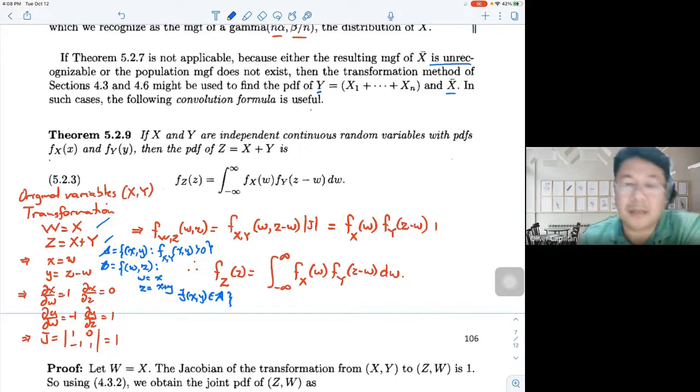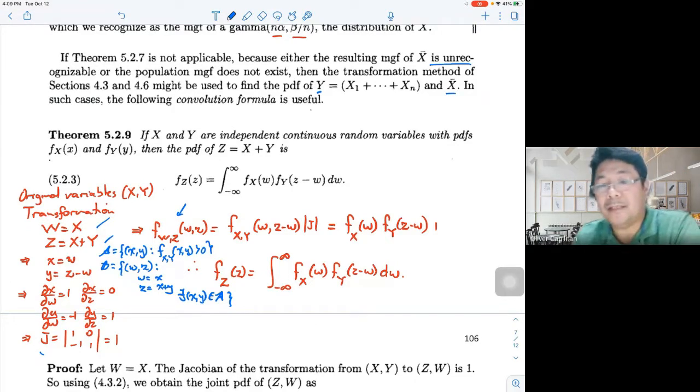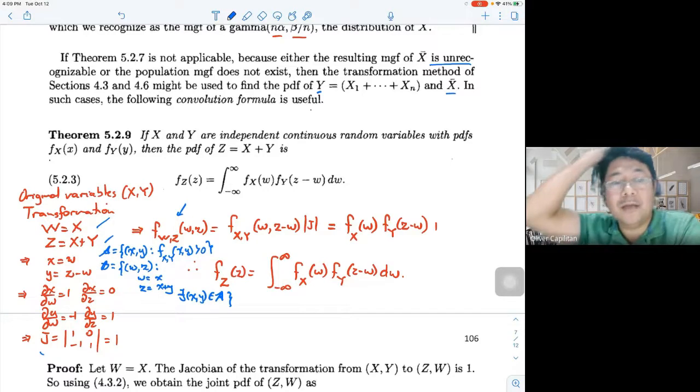We get the partial derivatives of this, the partial derivative of x with respect to W, partial derivative of x with respect to Z, partial derivative of y with respect to W, then we have that. And then we have here the Jacobian of our transformation. So kung yun itong Jacobian ng transformation natin ngayon, then we can now obtain the joint PDF of W and Z. That will be based on the joint PDF of X and Y. Okay.